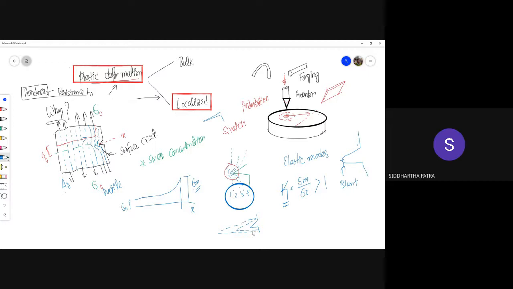As we were discussing, if you have sharp objects such as keys in your wallet along with your cell phone, without an external agent, just because of the simple interaction between the two, a scratch could be produced on the exterior of the screen of the cell phone. Unlike bulk plastic deformation, you don't need that gigantic amount of external load.